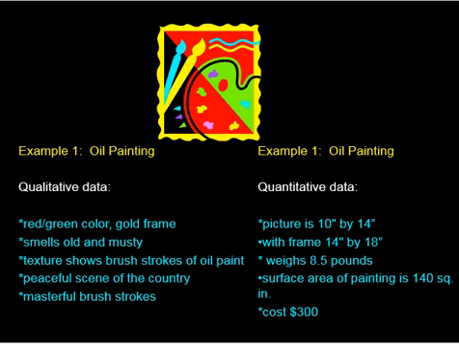You could also talk about this painting quantitatively. So quantitative would be, for example, the dimensions of the picture, of the frame, the weight of the picture, the surface area, the cost.